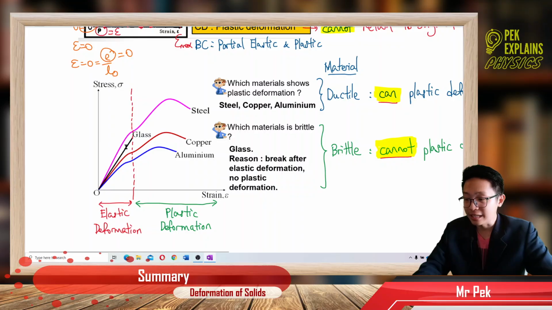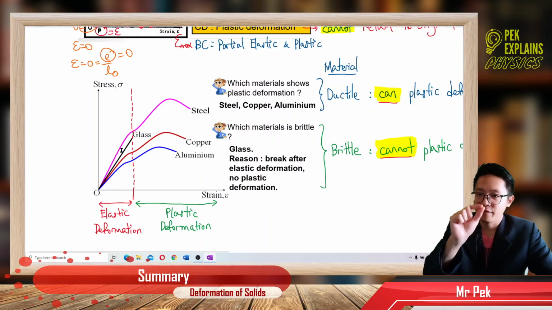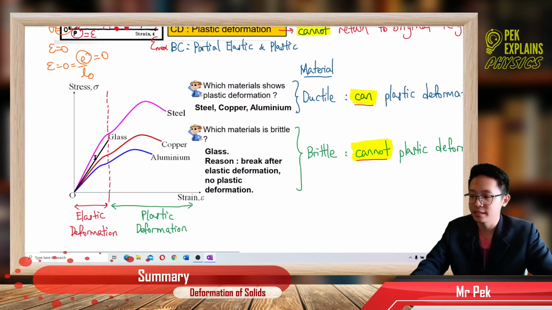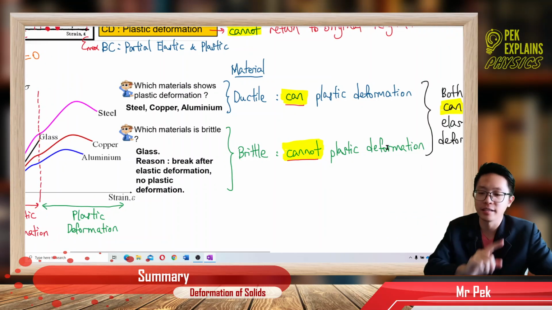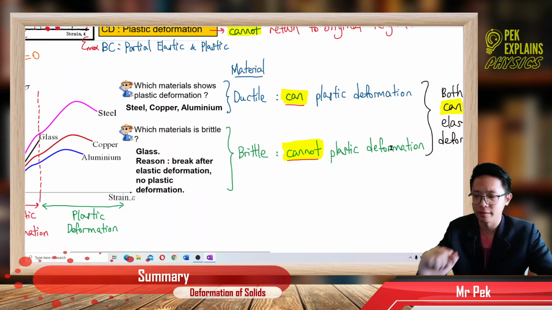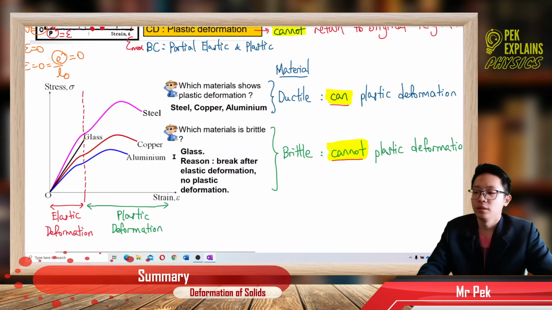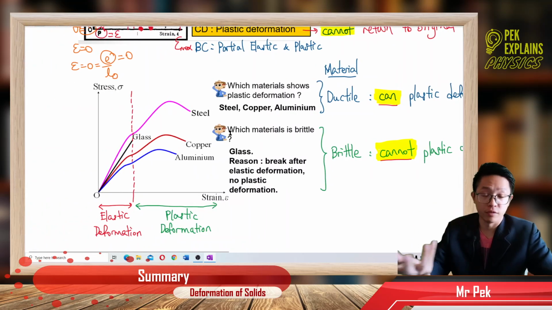So glass can have a small amount of elastic deformation, but it has no plastic deformation. That's the point. Glass, a brittle material, cannot elongate. It is impossible to elongate, so glass doesn't have plastic deformation.